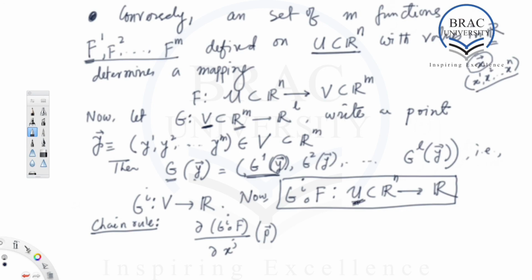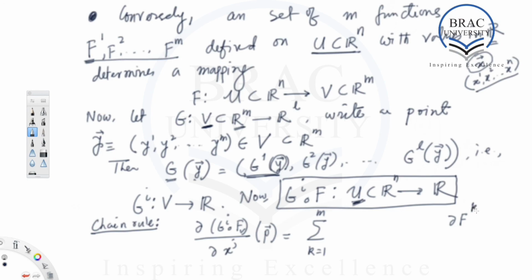So we evaluate it here, and this is going to be equal to a sum over k, where k runs from 1 to m. So here we have the partial derivative of, so this function has how many components? This function has n components, okay?